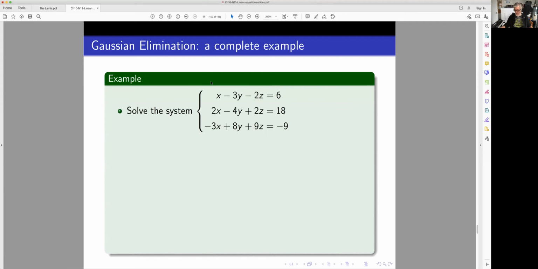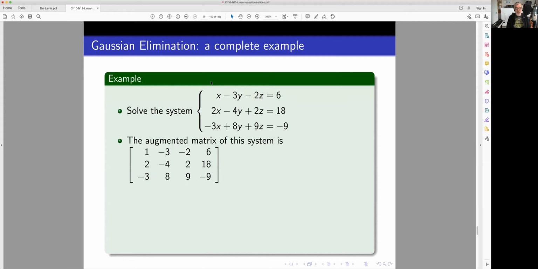Okay, so here's the system we want to solve. We have 3 variables and 3 equations, and I'd like to solve this system. The first thing I'm going to do to make my life much easier is just write down the augmented matrix.